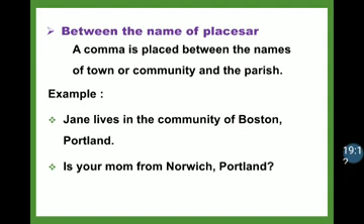Example, Jane lives in the community of Boston, Portland. So what do I know? That Boston is found in the parish of Portland, based upon the comma being there. Next example, is your mom from Norwich, Portland? So we do know that Norwich is in the parish of Portland.